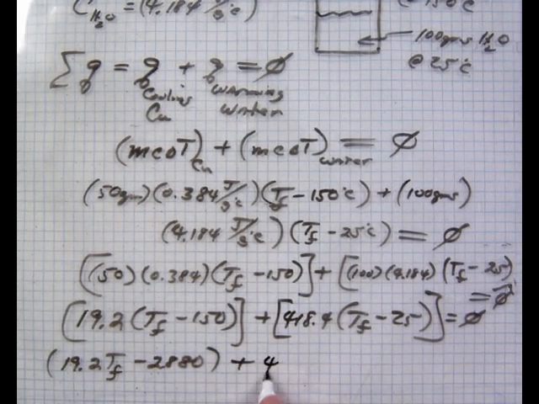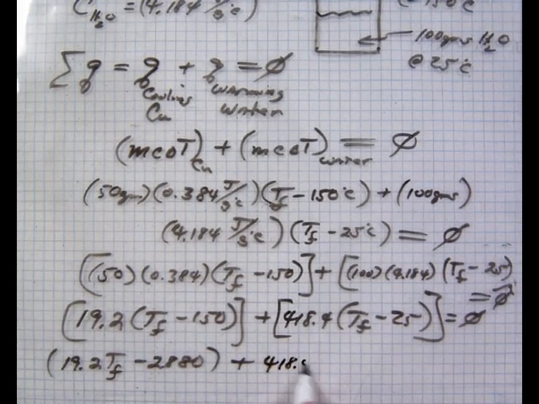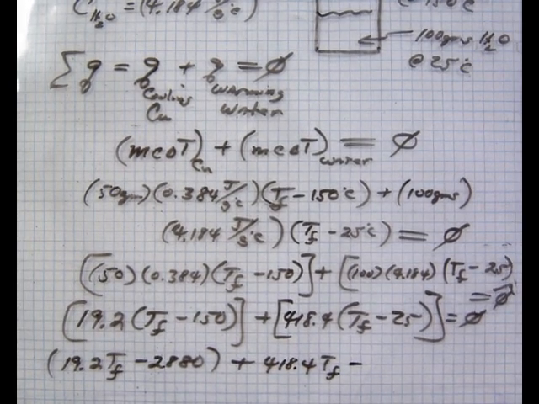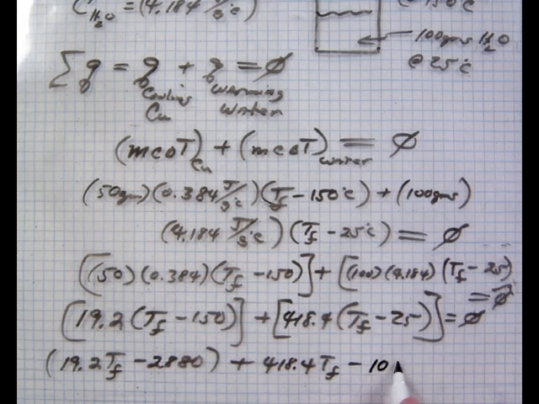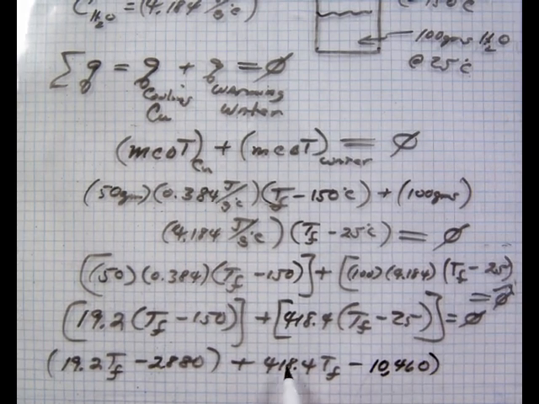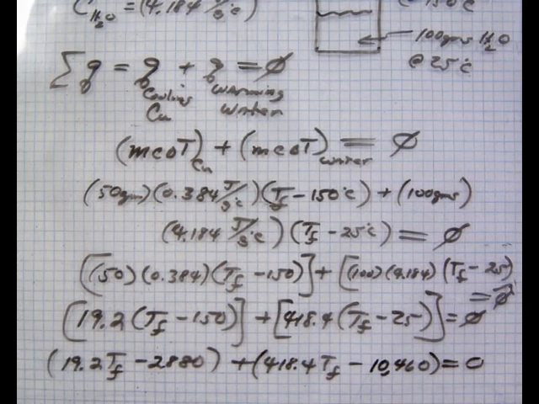And that will give you 418.4 TF minus 10,460. All that equals 0.